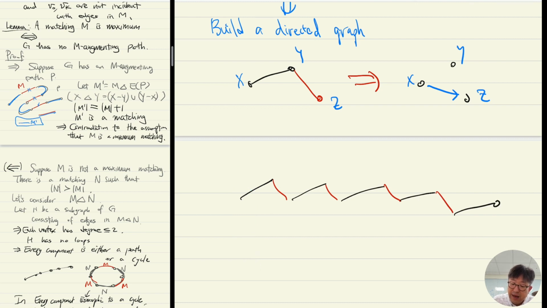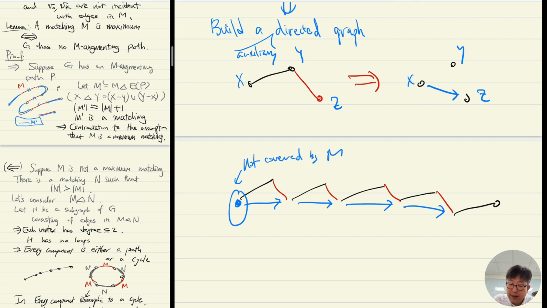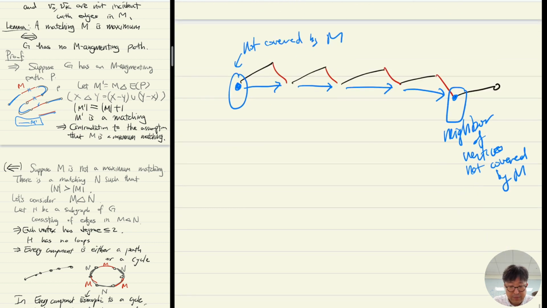And now in this auxiliary directed graph, what you have is a directed path from a vertex not covered by M to a vertex which is a neighbor of vertices not covered by M. So this is what you do.